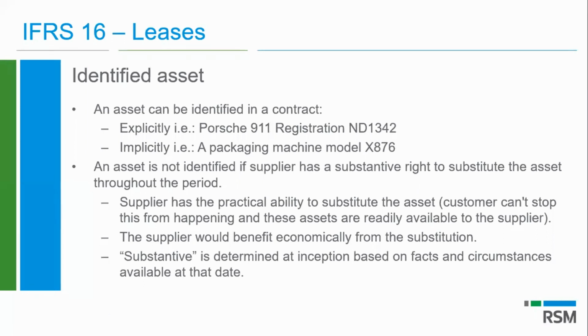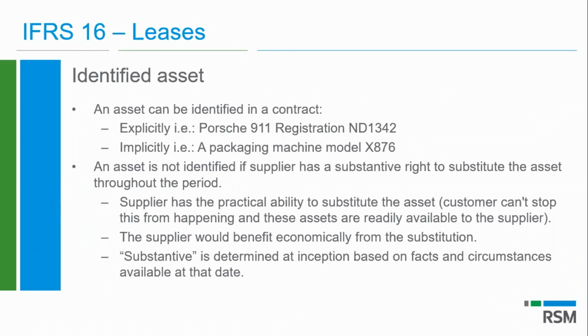So the supplier has the practical ability to substitute that asset, and that means you as the customer cannot stop this from happening, and these assets are already available to the supplier. And then also the supplier would have to benefit economically from the substitution. The substantive substitution right is something that you determine at the beginning of the lease, at the inception of the contract, with facts and circumstances available at that date, not later on.